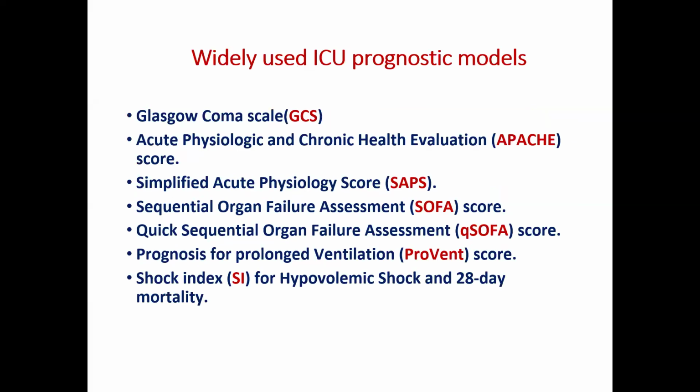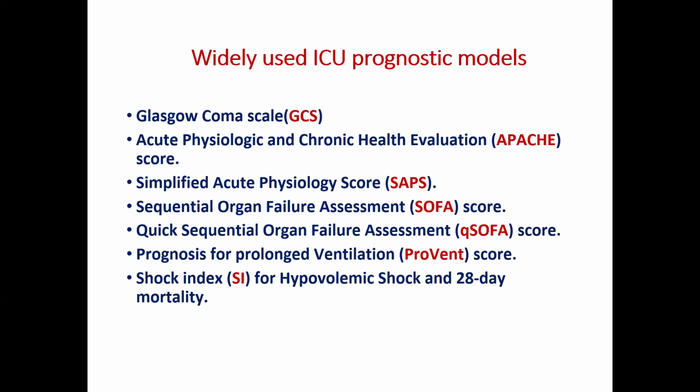Widely used ICU prognostic models: Glasgow Coma Scale. All of you guys studied the Glasgow Coma Scale in medical school. And then we have the Acute Physiologic and Chronic Health Evaluation, APACHE. Simplified Acute Physiology Score, SAPS. Sequential Organ Failure Assessment Score, SOFA. This is for sepsis.